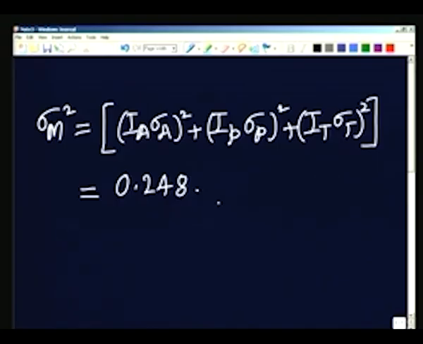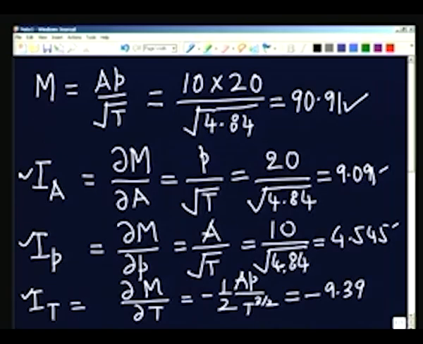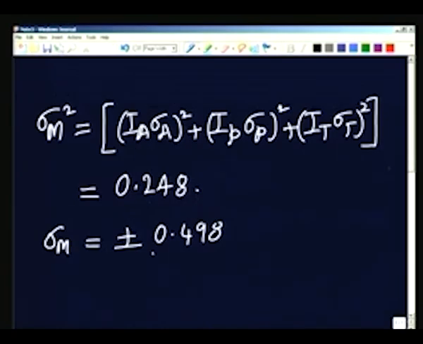If you calculate sigma m, it will be the square root of this, which will be plus or minus 0.498. I can also calculate the percentage value. For example, the value of m is given, and I have got the value of sigma m.